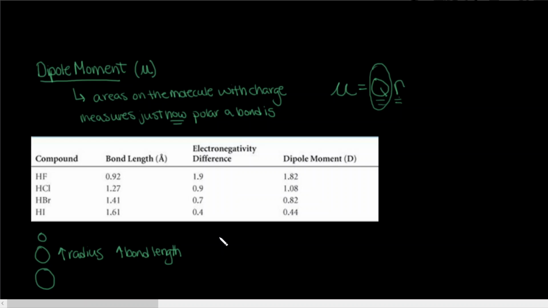So what we're seeing here is that when you get an increase in electronegativity difference, you're essentially getting an increase in the partial charges. Now I'm talking about going up a group, sorry, that was confusing. You're going to get an increase in magnitude of the dipole moment.